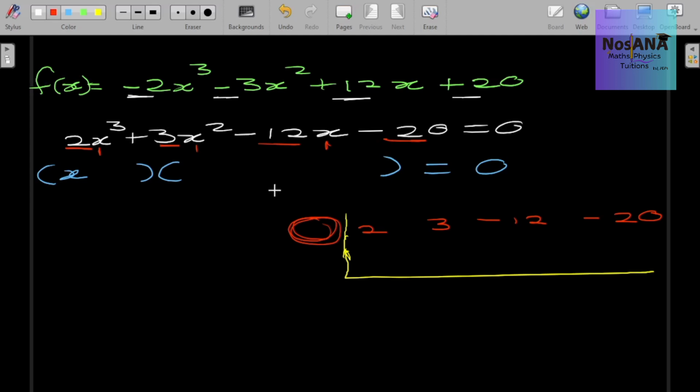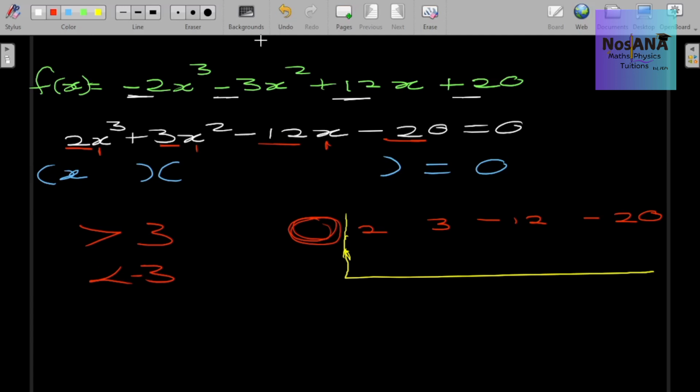Usually with whichever question you're going to be facing in grade 12, the number here will not be greater than 3 or less than minus 3. That's just what I want you to know.